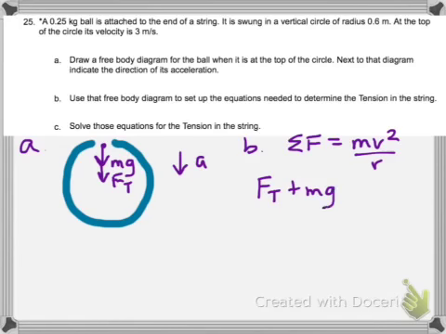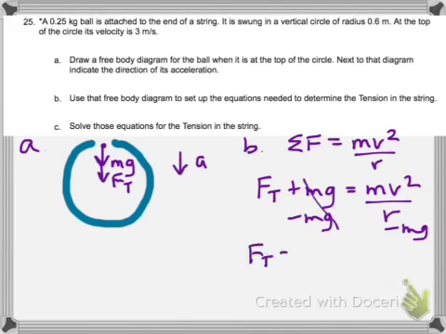They're both going in the same direction, so they'll be added together, and that will be set equal to mv squared over r. They ask us to solve for tension, which means we'll have to subtract our gravity from both sides. So it will cancel on the left, and we'll be left with a force of tension equaling mv squared divided by r minus mg.